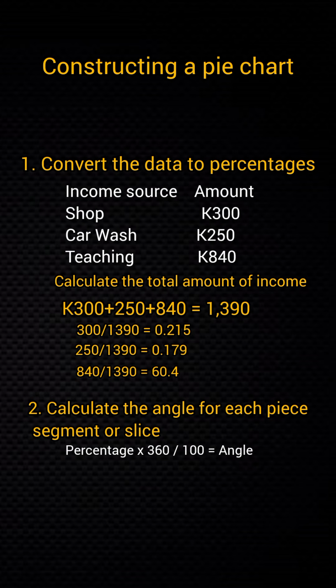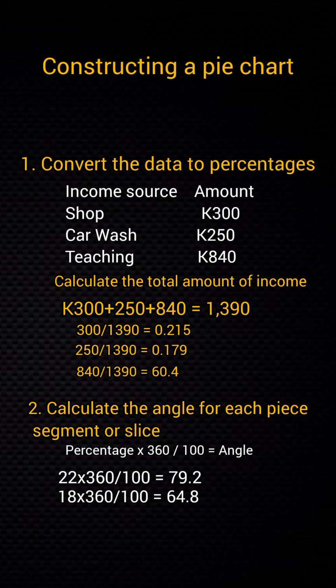So the shop will equal 22, which is the percentage we got, times 360 degrees over 100, and that will give us 79.2. A car wash, 18% times 360 degrees over 100, that will give us 64.8. Teaching, 60% times 360 degrees over 100, that will give us 216 degrees.